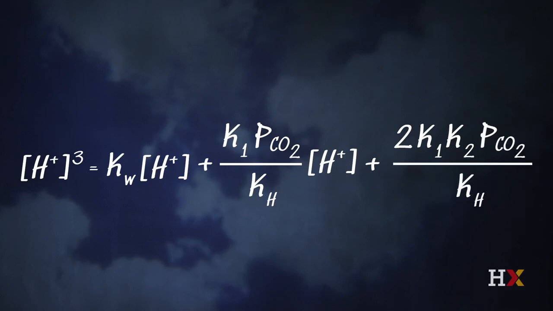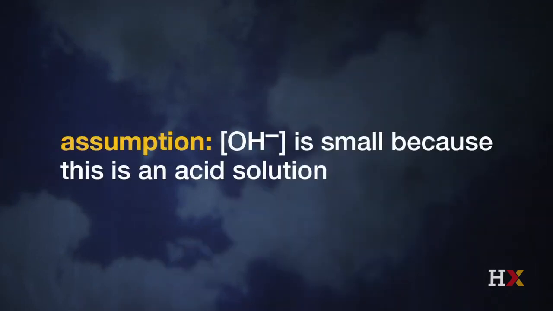Now, we can make a couple of approximations here because in the carbonic acid solution, we've assumed that the concentration of OH is small. And we know that for a fact because it's an acid solution. And that means that the acidic component far outweighs the base contribution.